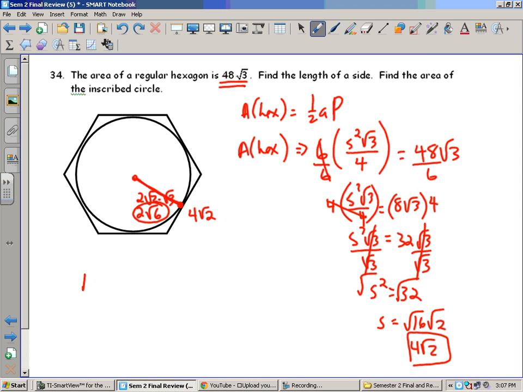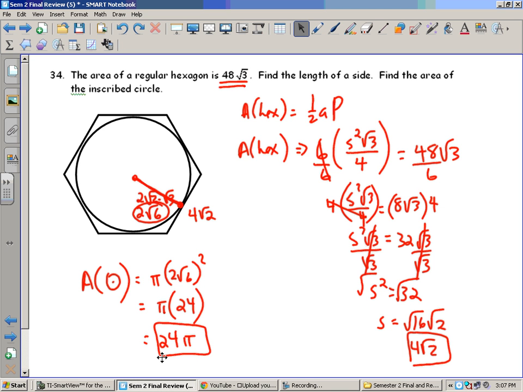So the area of the circle, which has radius 2 root 6, is just pi times 2 root 6 squared. Well, 2 root 6 squared is going to be 4 times 6, or simply 24. So the area of the circle is going to be 24 pi.